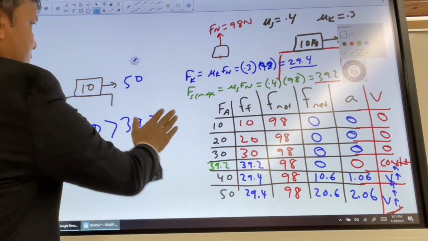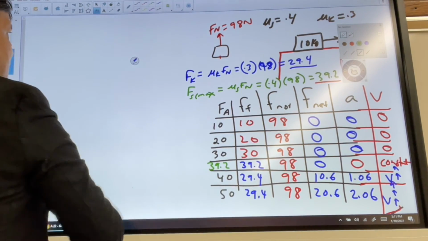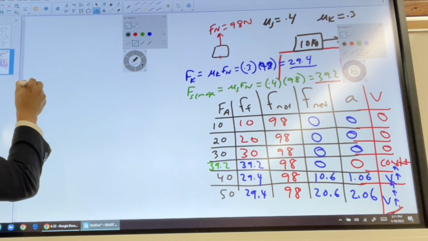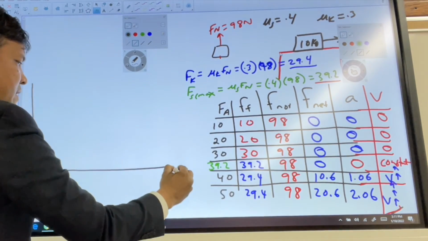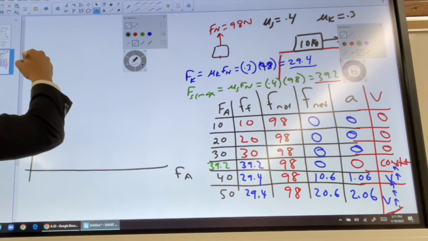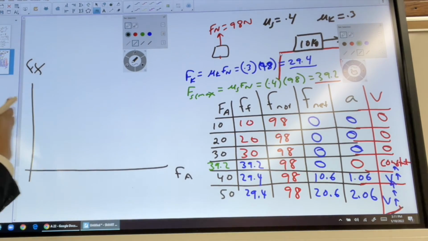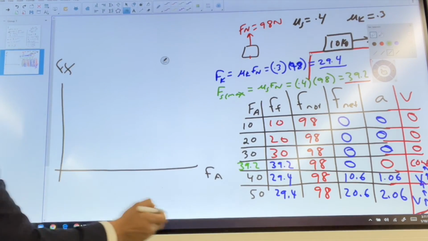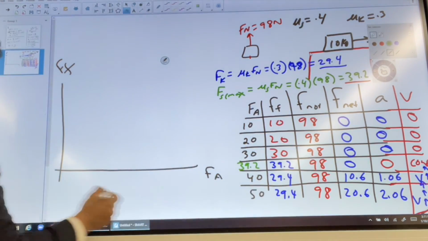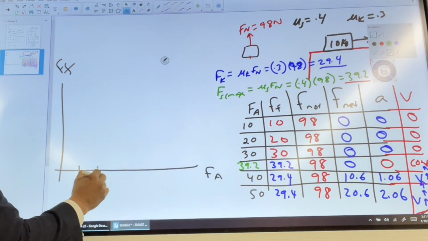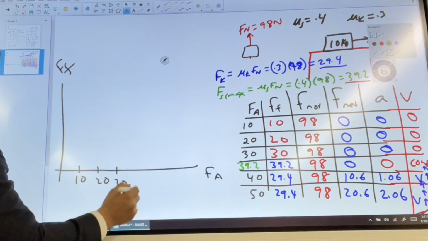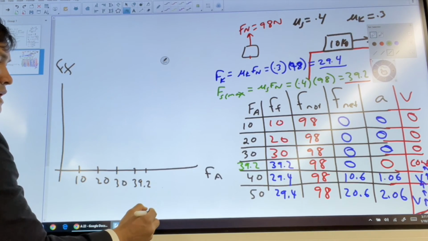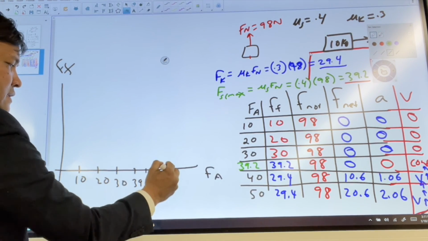Now what are you going to do? You're going to draw a friction graph. Y is force of friction, X is applied force. We're going to go by 10, 20, 30 and so on: 10, 20, 30, 39.2, 40, and then 50.